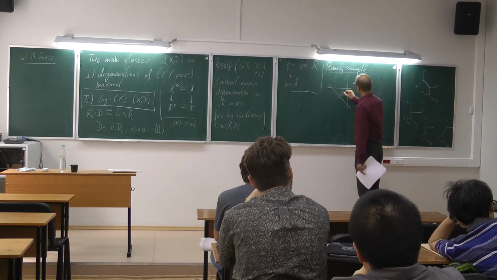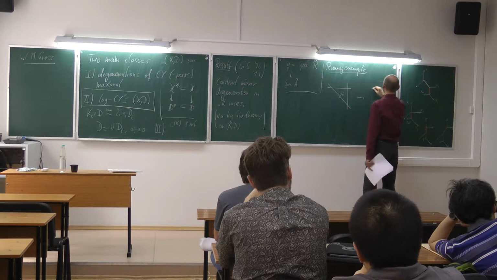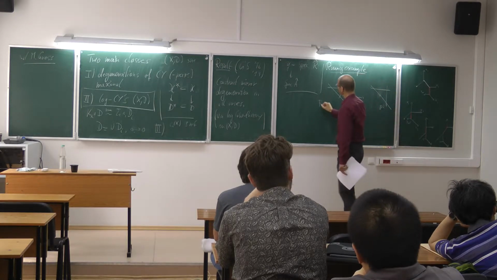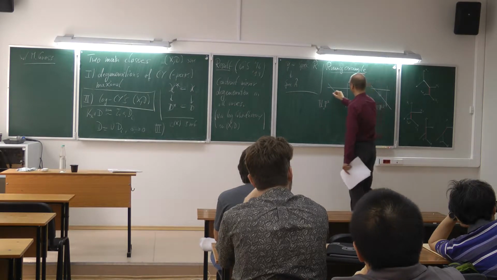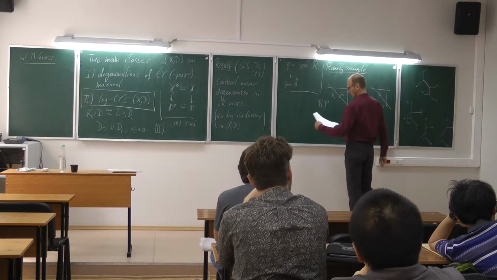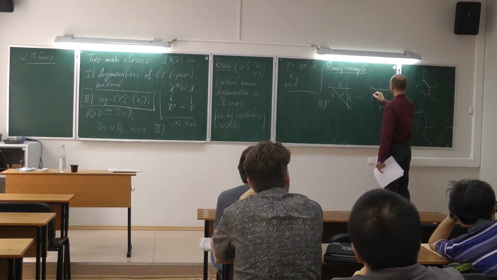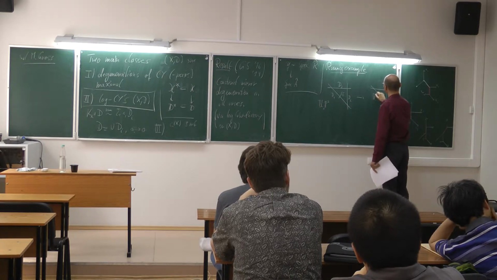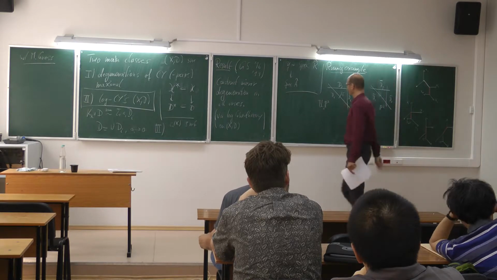So you take the blow up of P2 in one non-toric point. So you have 3 divisors. Let's call them upstairs D1, D2, D3. And then over here, there's a D1 bar and so on. And that's the exceptional curve.